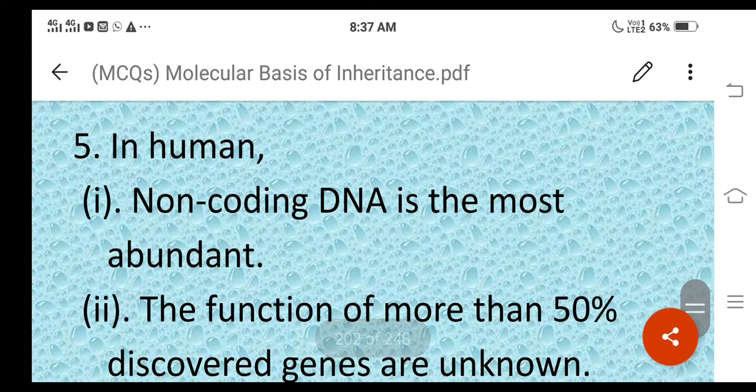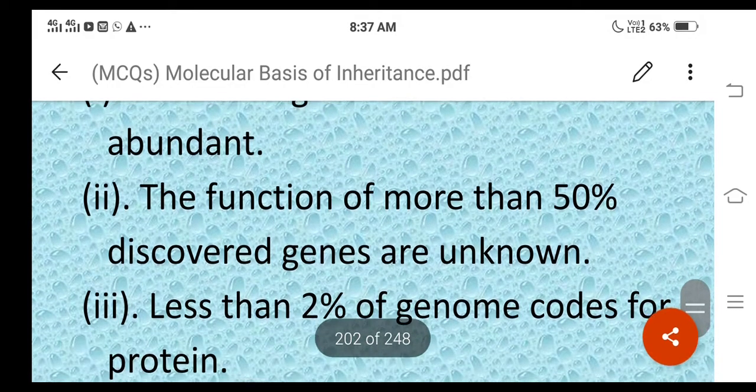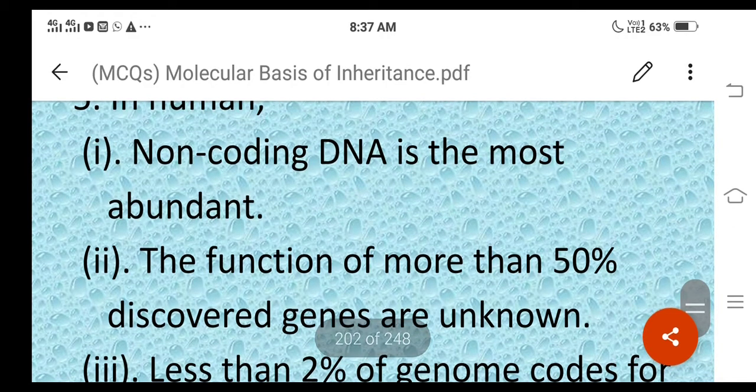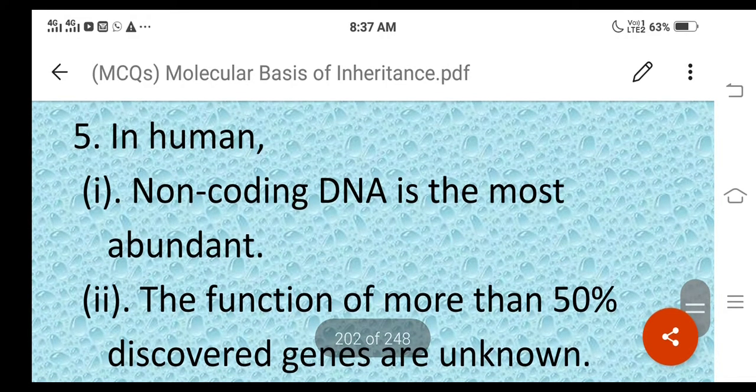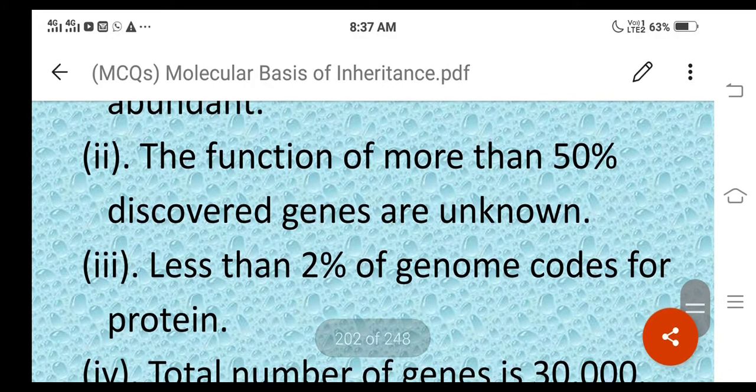Then let us move on to the next question. Question number 5: in humans, four statements are given. One, non-coding DNA is the most abundant. Second, the function of more than 50% of discovered genes is unknown. Third, less than 2% of the genome codes for protein.